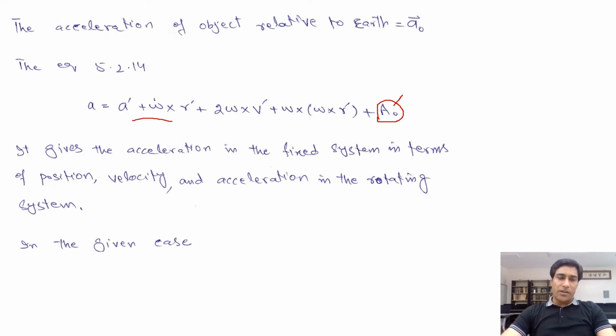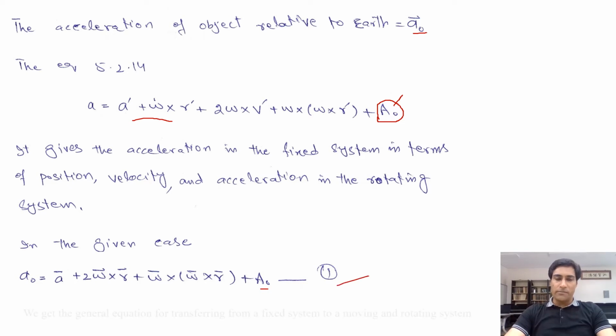So in the given case, we have this equation. This is a naught, as mentioned, the acceleration of the object relative to the earth, which equals a plus 2 omega cross r dot plus omega cross omega cross r plus a naught. So this is equation 1 for this problem.